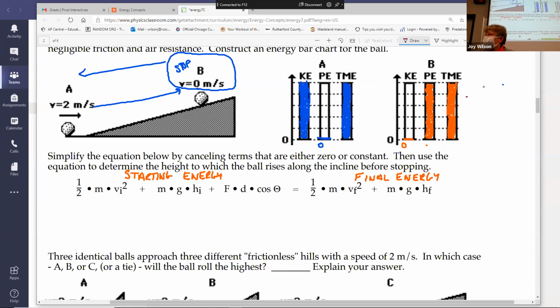So based on our bar graph, what kind of energy did we have at the beginning? We had kinetic. Which one of these statements is kinetic? The one that has speed in it, velocity in it, right? So this is my kinetic energy. This is potential energy, and I don't have any of that.